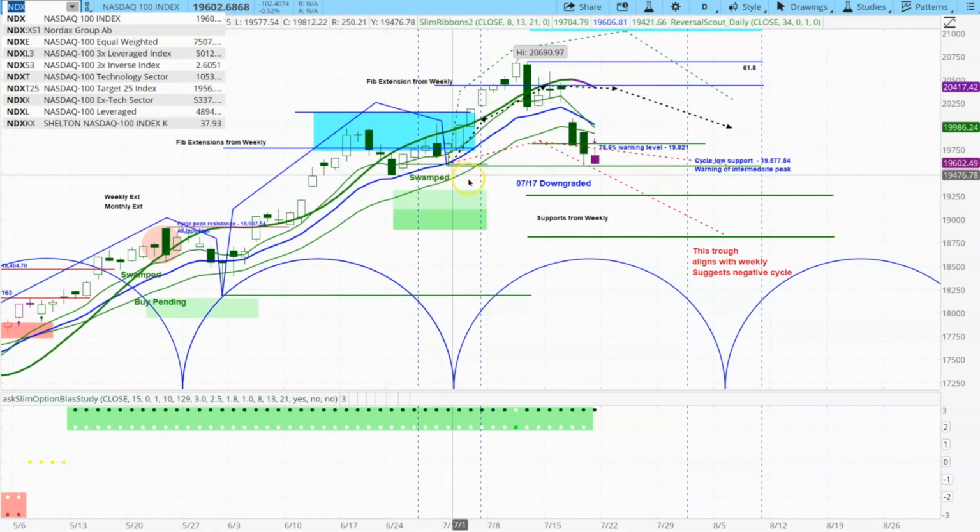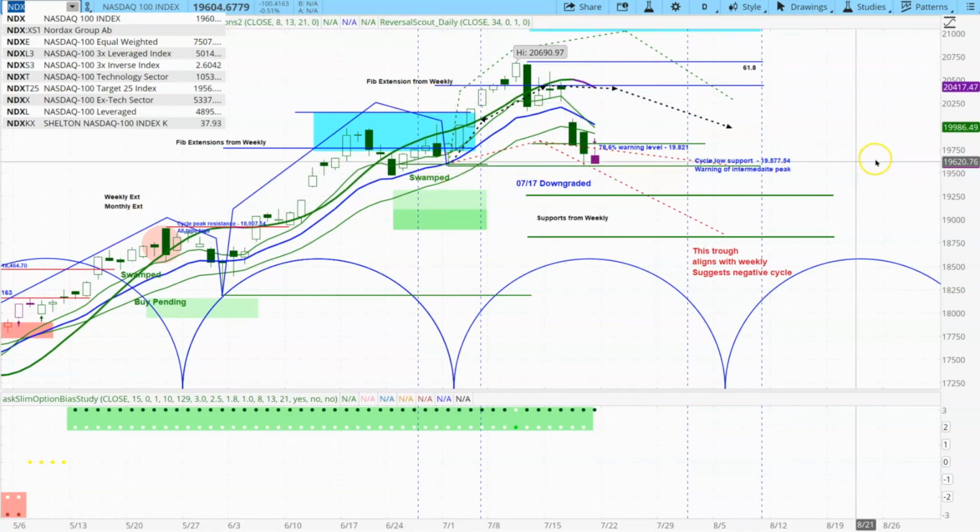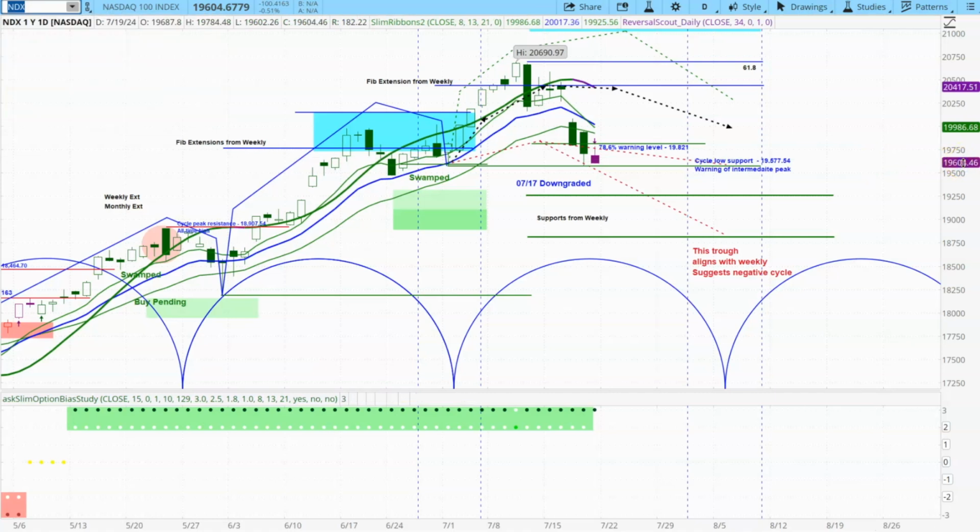Now, if you look at the NASDAQ, it already tested that important support. That says the NASDAQ peak on the weekly chart is made. We broke through this warning level right there. We've come down here and tested that cycle low right there, 1957.54. That warns that the NASDAQ has made its intermediate peak.